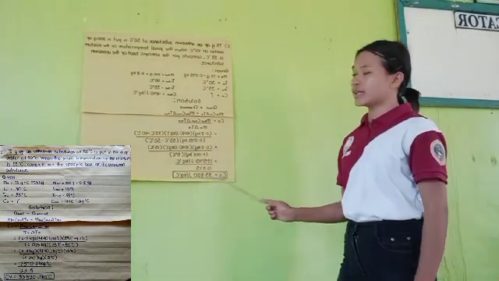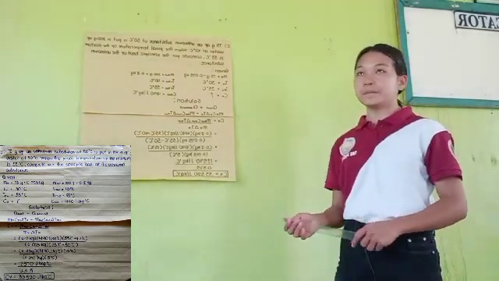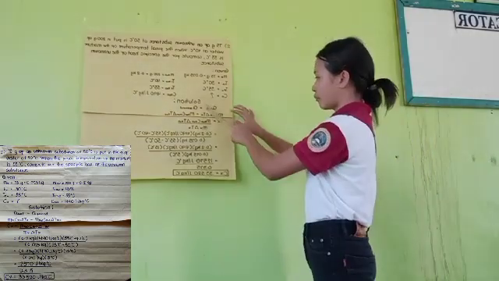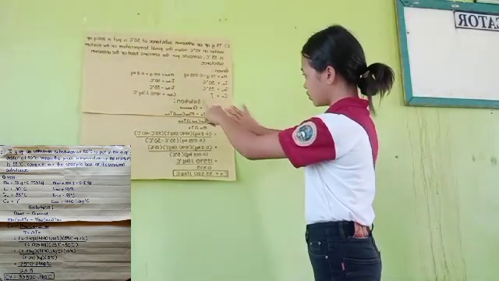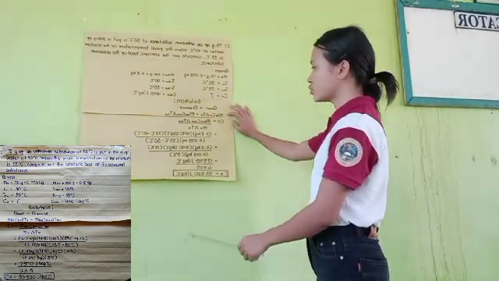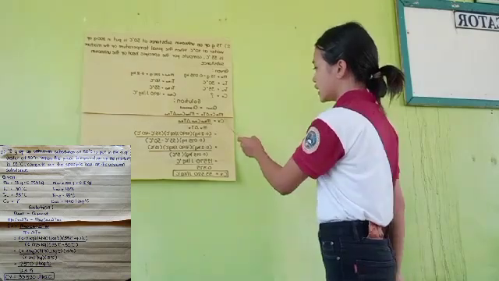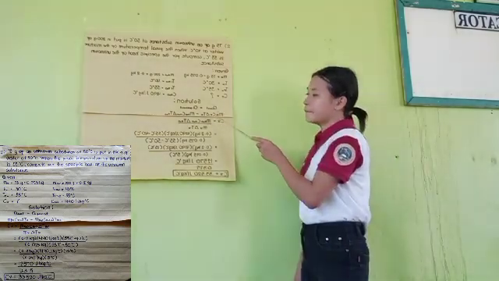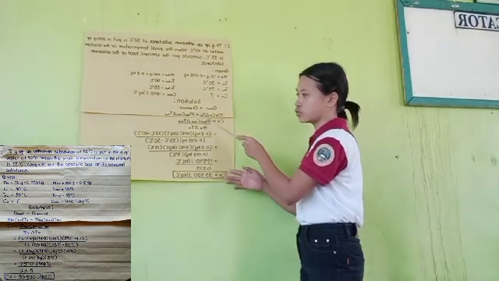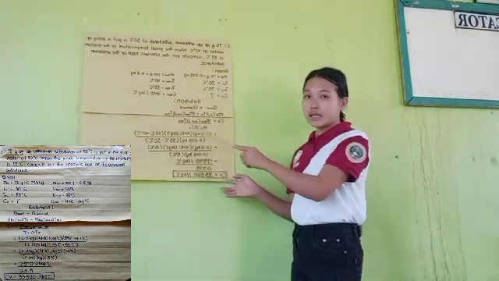To solve, let us still follow the formula. Q loss equals Q gain. Since the unknown substance is the one who loses and the water has gained, so let's have MC delta T of the unknown substance equals MC delta T of water.